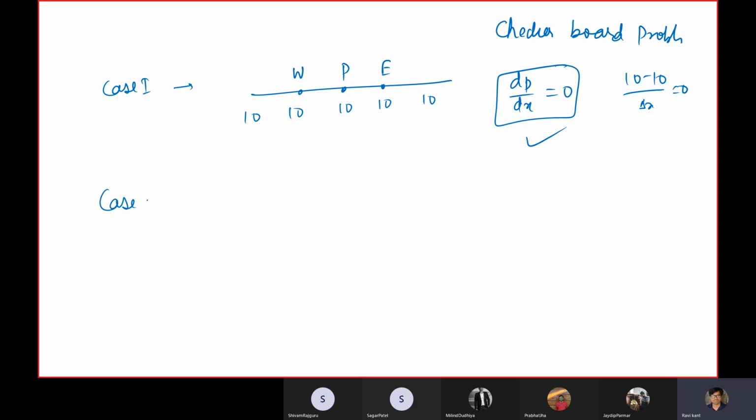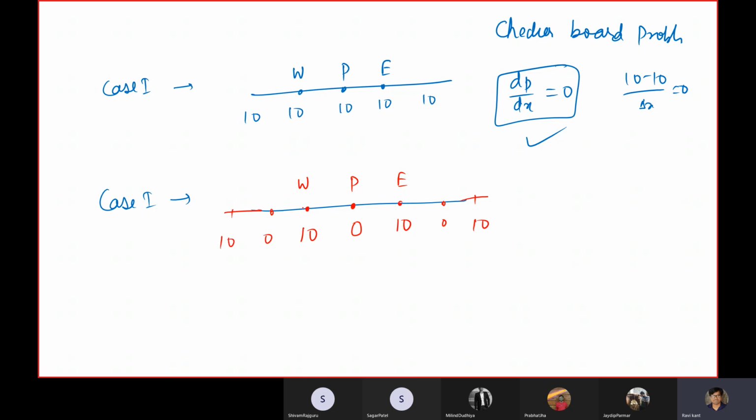But case 2 is something like this. This is your P, this is your E, this is your W. You may have a situation where you have 10 here, 10 here, and 0 here, maybe 0 here, again 10 here, 0 here, again 10 here.